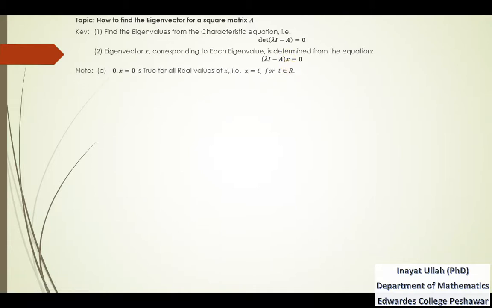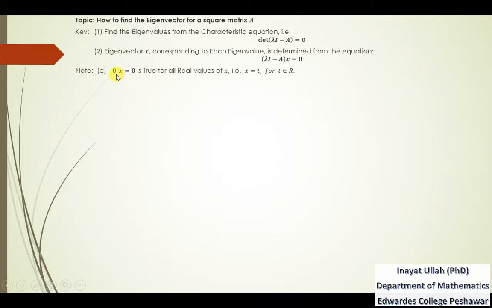Secondly, we need to know about this equation. 0 multiplied by x is equal to 0 is true for which x? We know that any number multiplied by 0 is equal to 0. It means that x may be any real number.